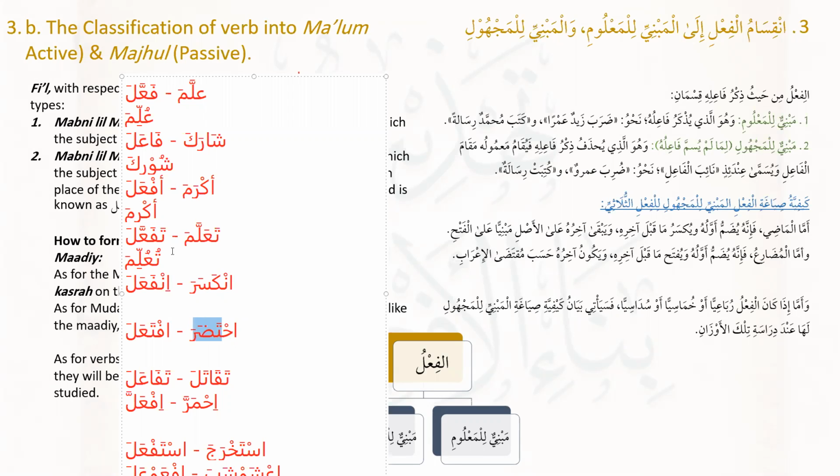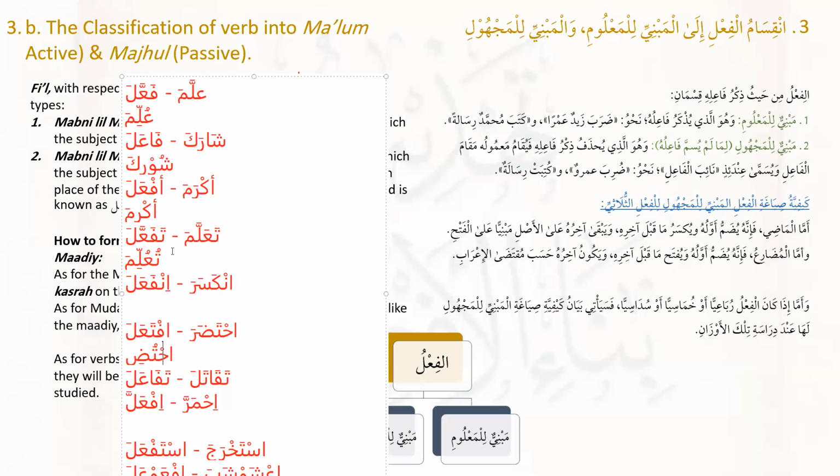So when you start the process from the third letter, what do you do? You put a dhamma on the ta, right? And the second last letter is the dad. What haraka should we put on the dad? The kasra. See, we are not going to do away with the alif. We're not going to do away with the hamzat al-wasl, because we still need it. Why do we need it?